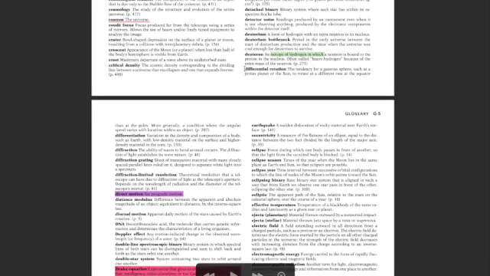Okay, next is differential rotation. You are very much familiar with differential rotation because of the sun, Jupiter, and all the other gaseous giants. They all follow differential rotation.